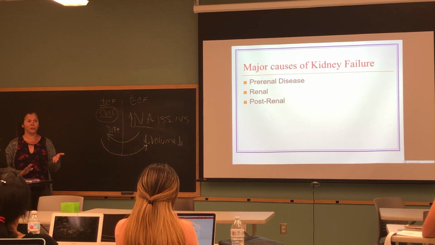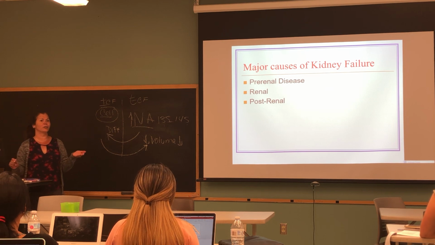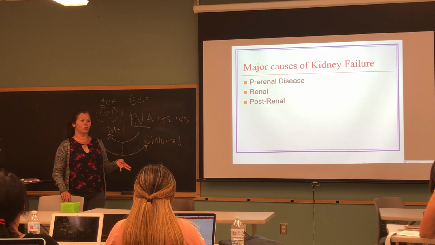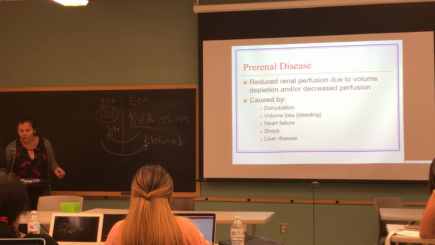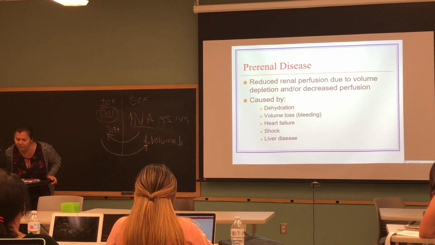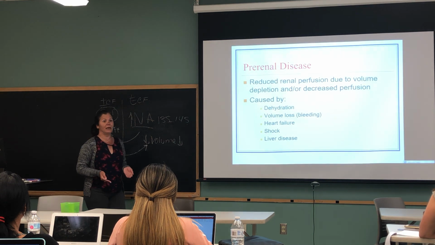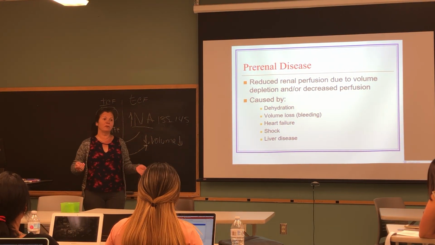Now, the fun starts. And it is the major classification of renal failure, which is pre-renal, intrarenal, and post-renal. So, if I tell you that pre-renal is before the kidney, what comes before the kidney?